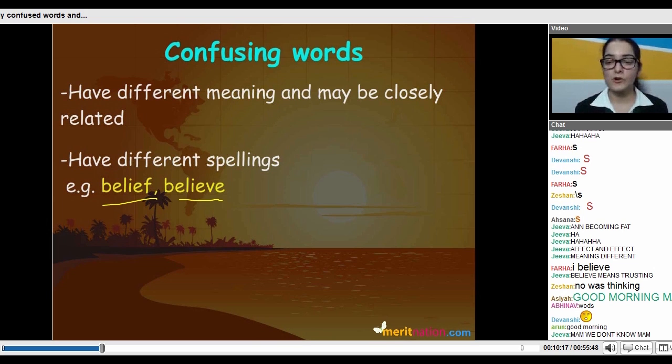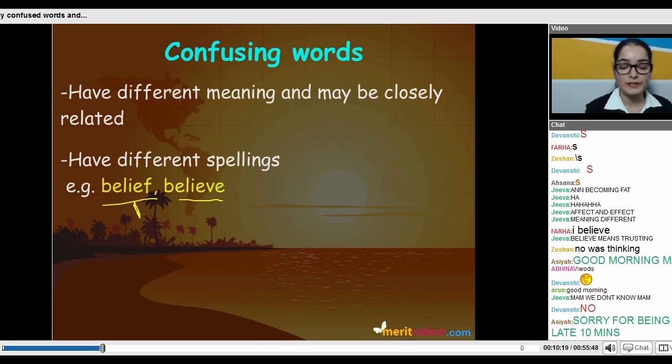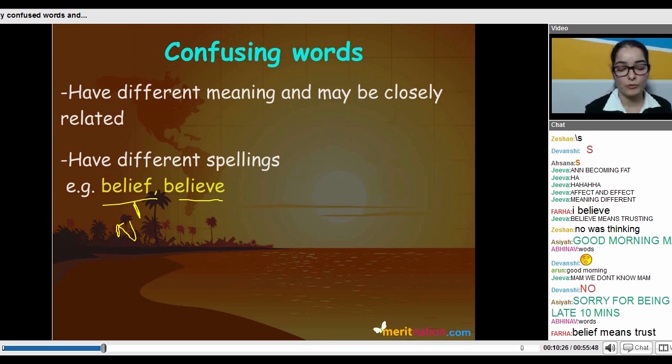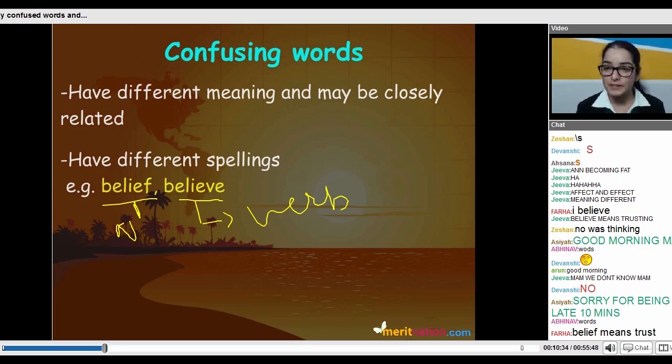Alright. So, if we talk about this, this is something which is a noun, whereas this is a verb. That means when you trust or have confidence, to have trust or confidence in something is believing something. Whereas belief is again a noun, that you have belief in a particular thing.